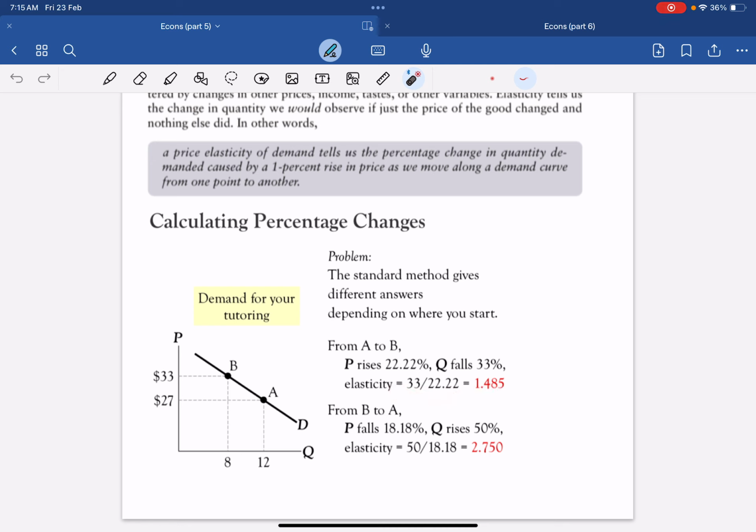But the problem is, if A goes to B, but B goes to A, then the price and quantity percentages are different, and so the elasticity is different. Why, you might think? Because the percentage change in price is calculated as P final minus P initial over P initial. If you go from B to A, then your initial value is smaller.